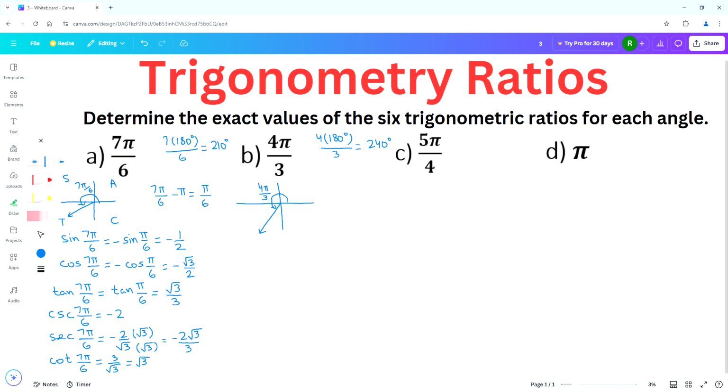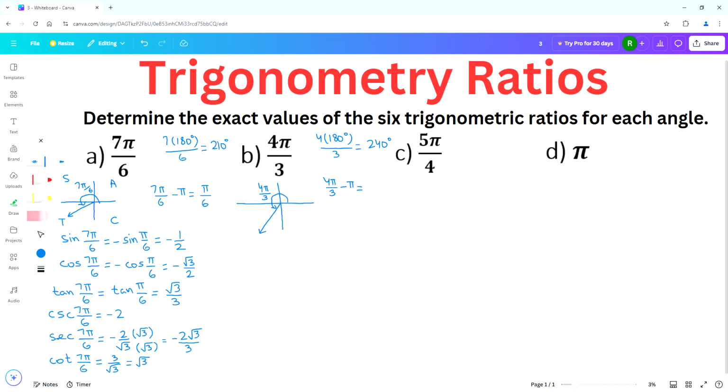We can find the reference angle or the related acute angle for 4 pi over 3 by subtracting pi from 4 pi over 3. We can combine these terms by finding a common denominator, which is 3.